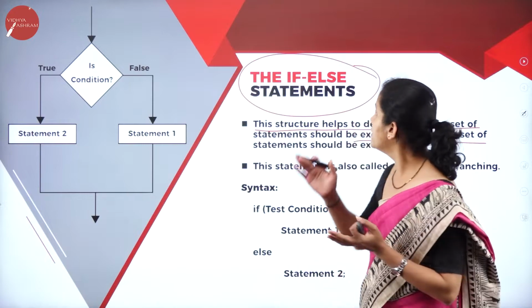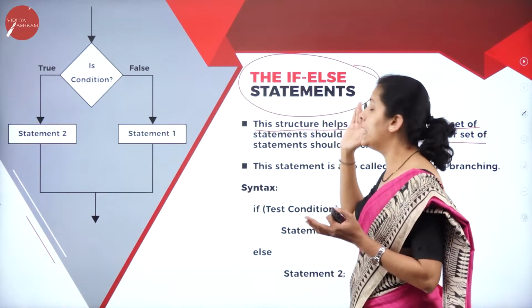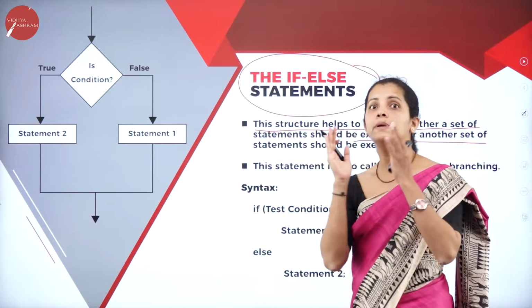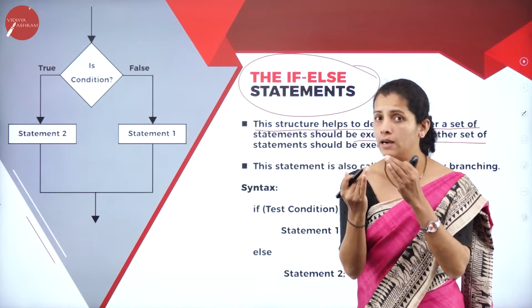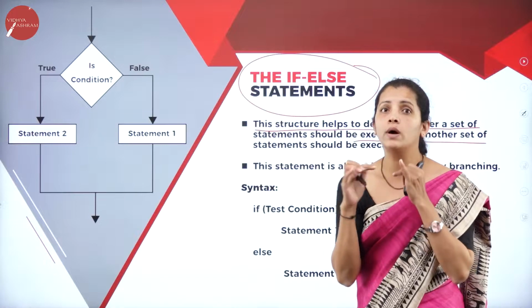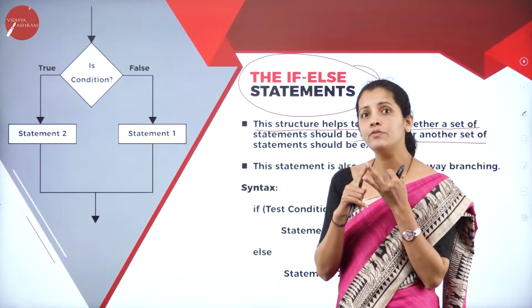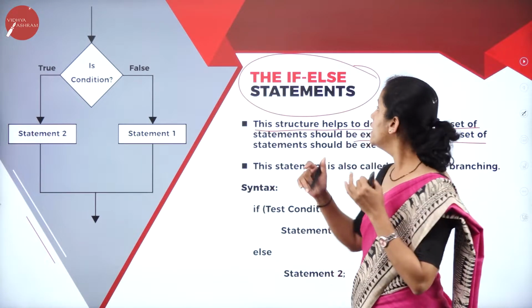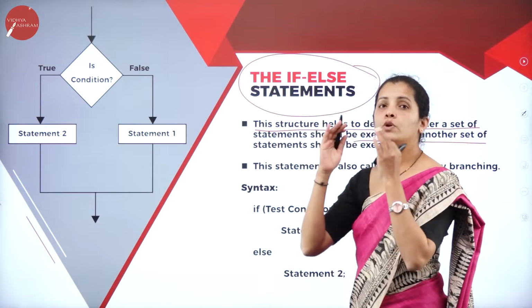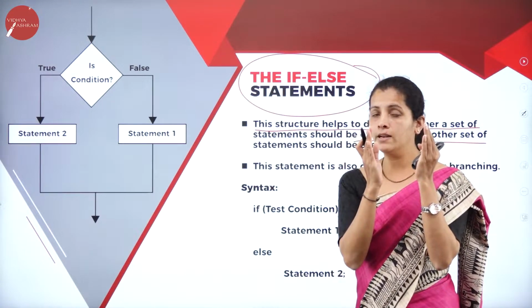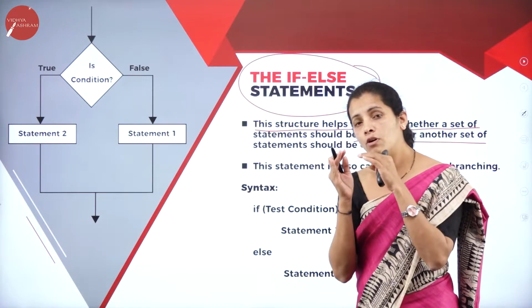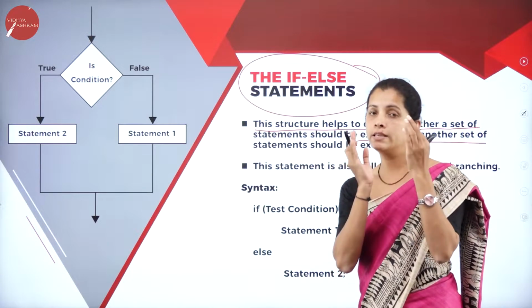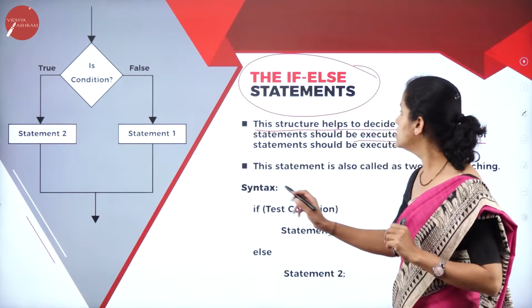Dear student, if I consider the if else statement, at the beginning I'm having only one condition, but I'm having two parts. There are two situations: one is a true situation and one is a false situation. If the condition is true, I'm going to have the statement or block of statements. If the condition is false, once again I'm going to have a statement or block of statements.